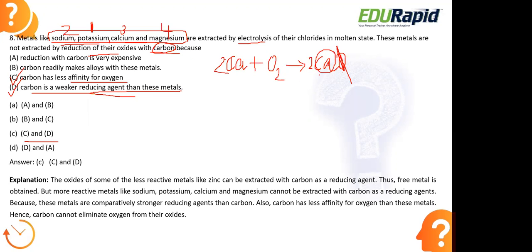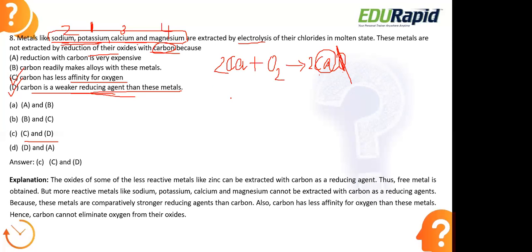Carbon is a weaker reducing agent when we compare it with sodium, potassium, calcium, and magnesium. So when we have highly reactive metals, carbon doesn't work because it cannot reduce them. It is not a good reducing agent since it is weaker. It cannot displace the metals from that compound.